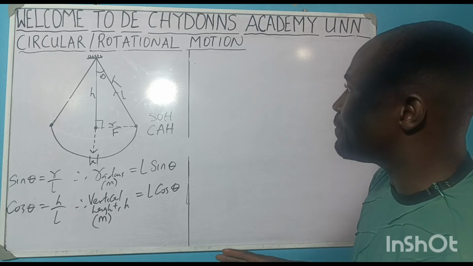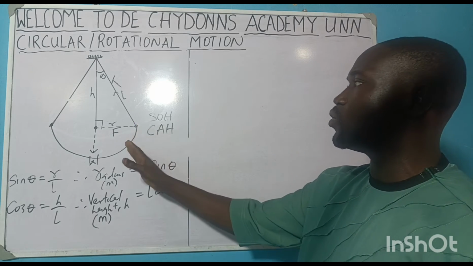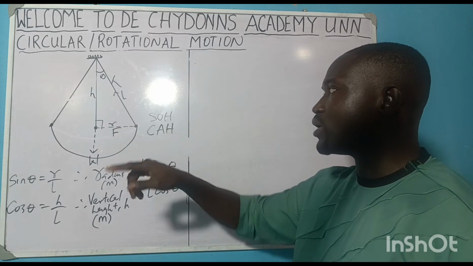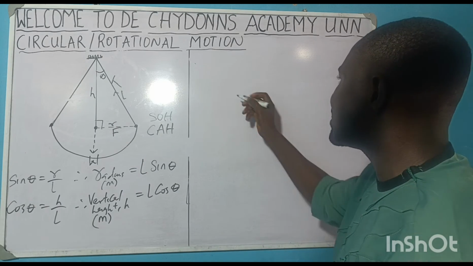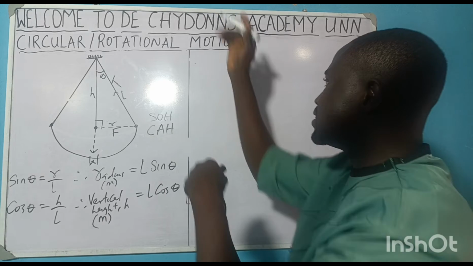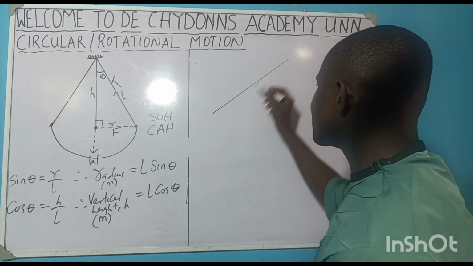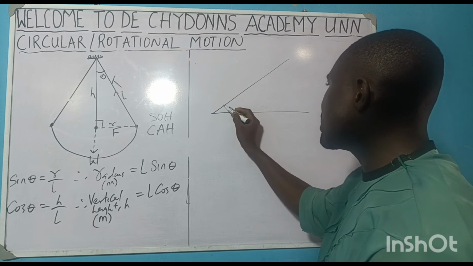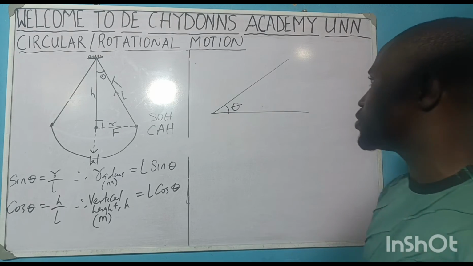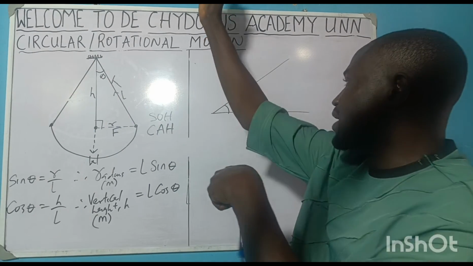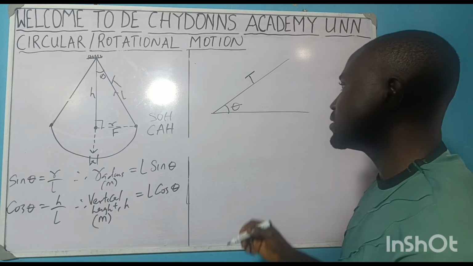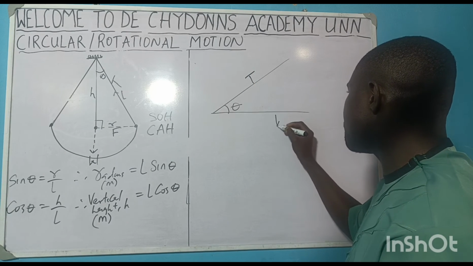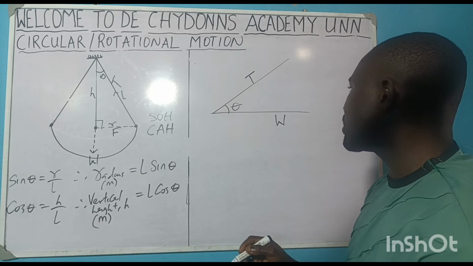Now let's talk about forces on this body undergoing circular motion. If I rotate it like this, so that it will be easier for me to sort, here is my T, here is my W, then what else?